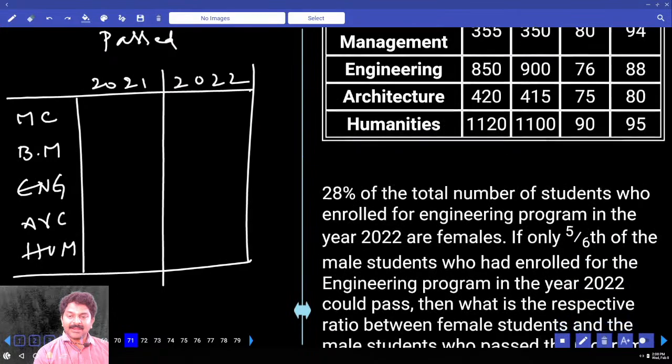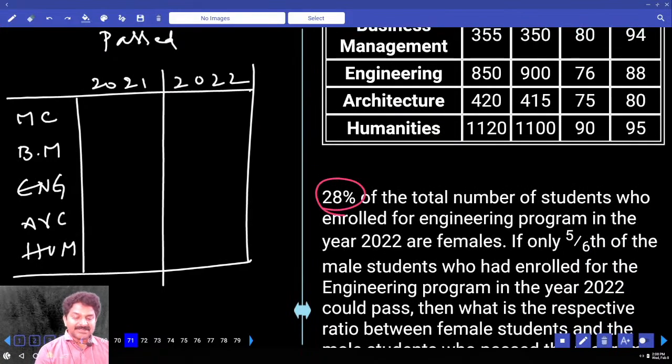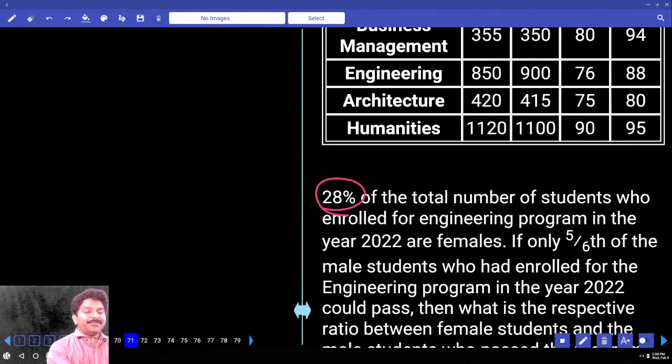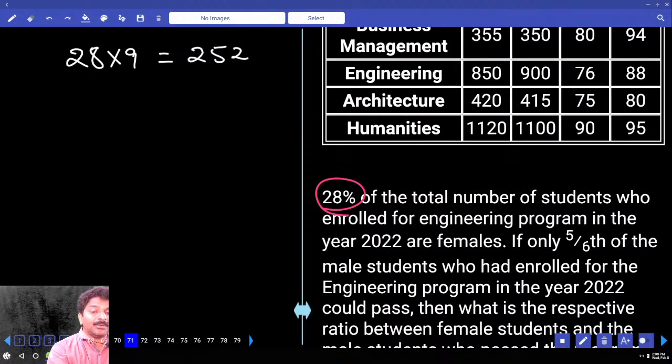Out of 900, 28% are female. So female 28%, that means can I write it as 28 into 1%, 10 times minus 1 time, 280 minus 28, 252 are female out of 900. Remaining are male.